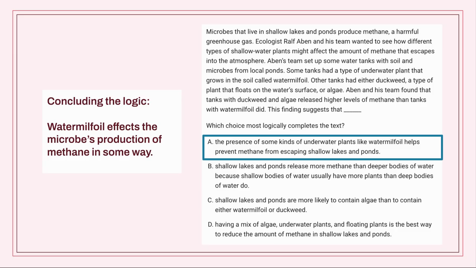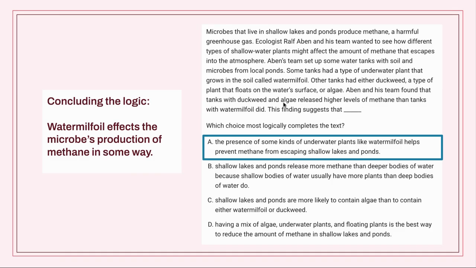That's not relevant. Having a mix of algae, underwater plants, and floating plants is the best way to reduce the amount of methane in shallow lakes and ponds. Okay, well, this one does talk about methane and our plants, right? But here, this last sentence is pretty much explicitly comparing water milfoil against all of these.